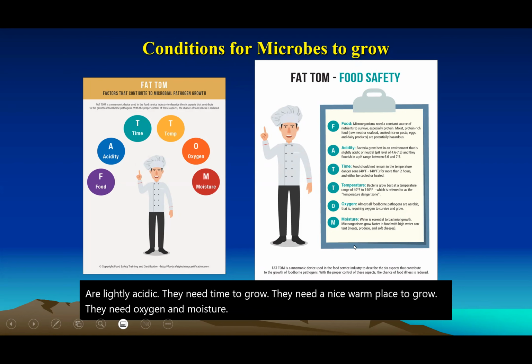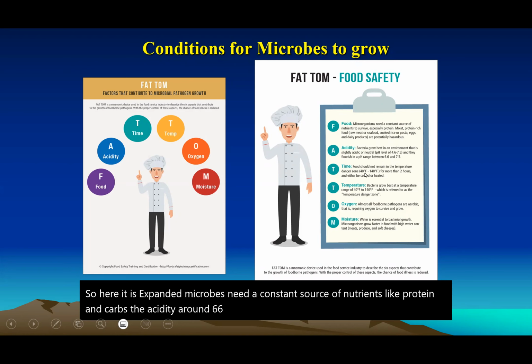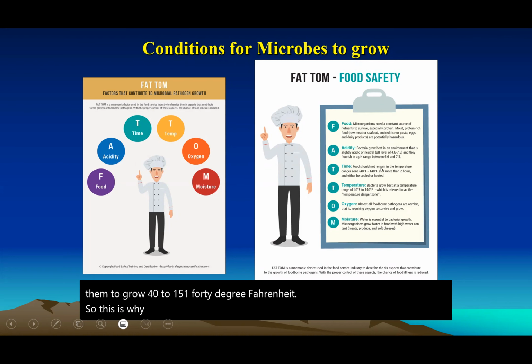So here it is expanded. Microbes need a constant source of nutrients like protein and carbs. The acidity around 6.6 to 7.5. And here is the ideal temperature for them to grow, 40 to 140 degree Fahrenheit. So this is why it's called the danger zone.